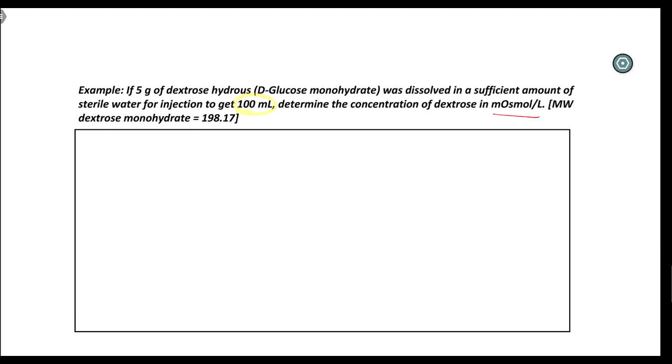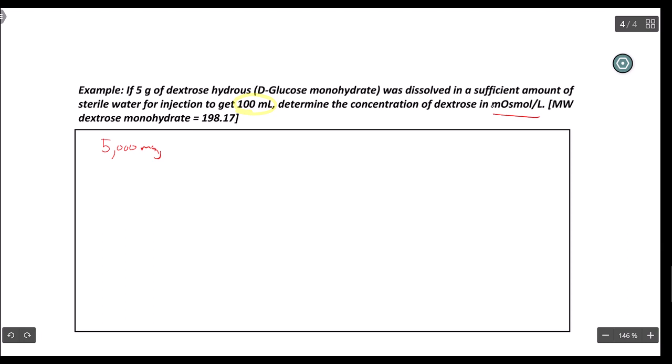So 5 grams of dextrose is 5,000 milligrams. That puts us on our chart now, so we can start. 5,000 milligrams of dextrose, and I say dextrose, but I mean the D-glucose monohydrate.